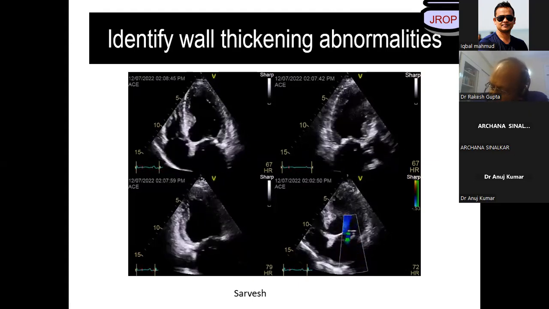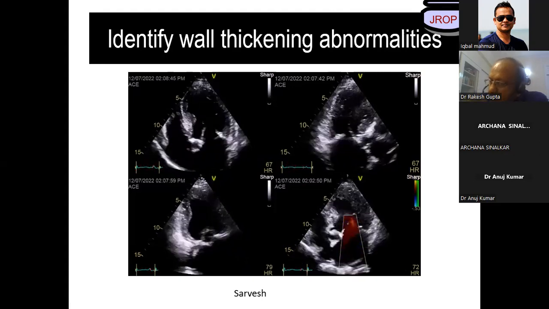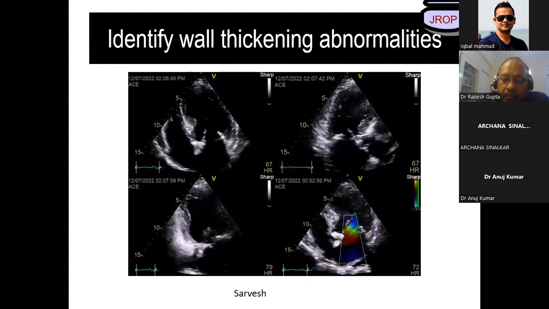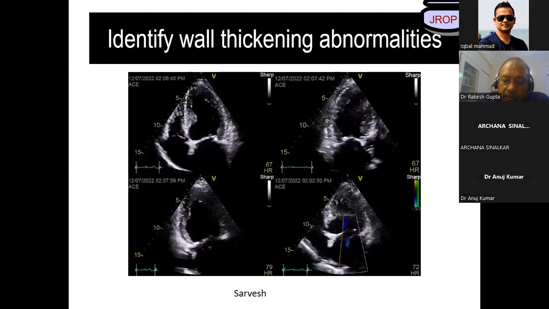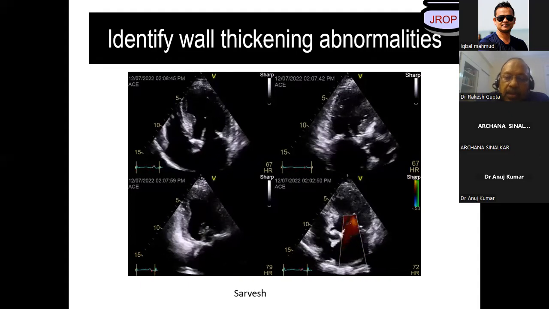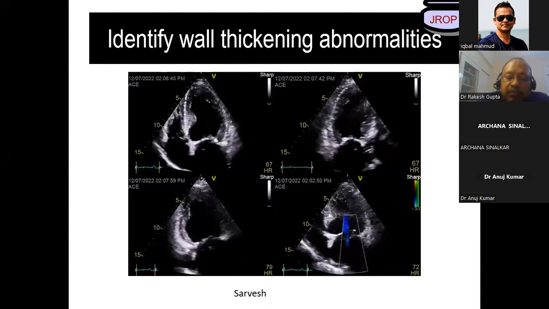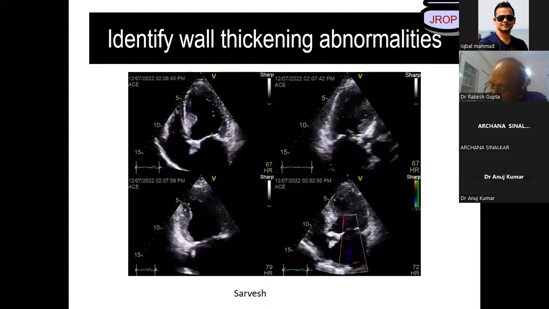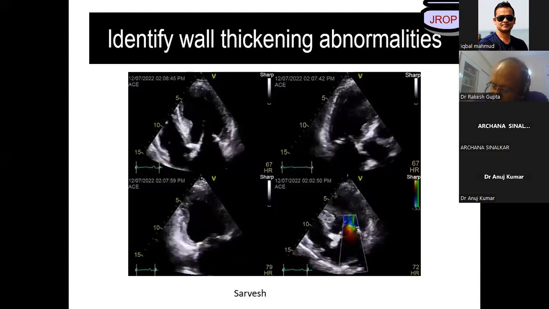Which hospital do you work for? Sir, I joined Reliance HN just 2 weeks back, sir. Okay. Before that I was working with Global. Archana, you need to understand wall thickening abnormalities, spend more time on them. I'll be asking this question to somebody else and I'll answer you also.